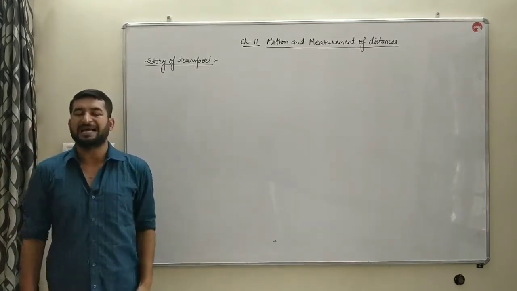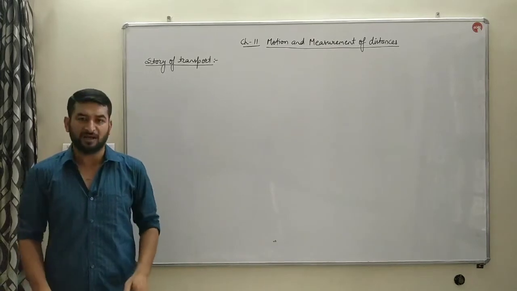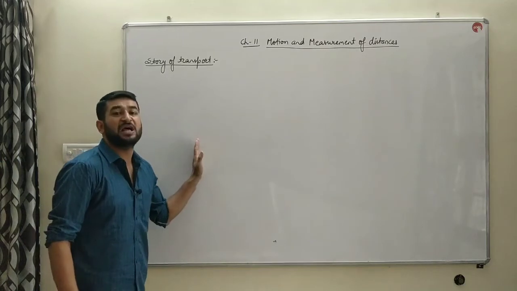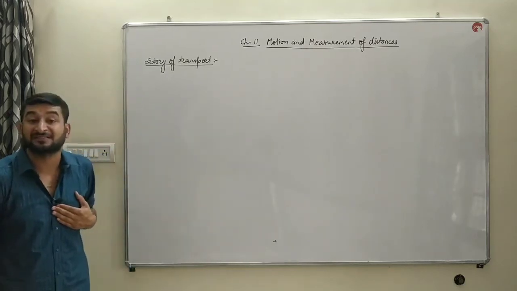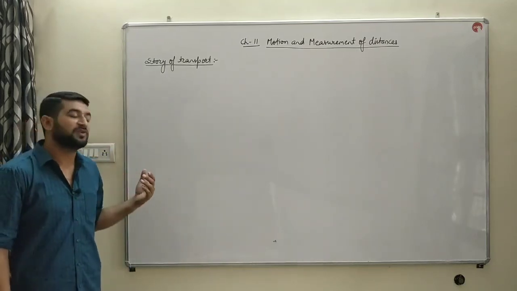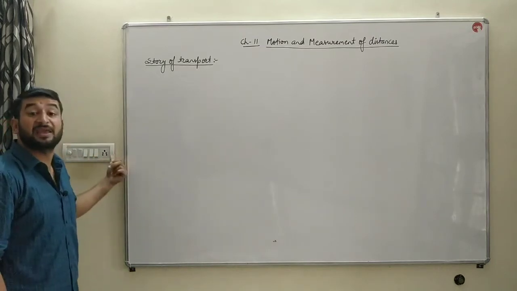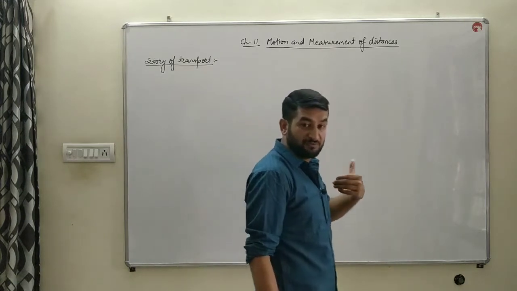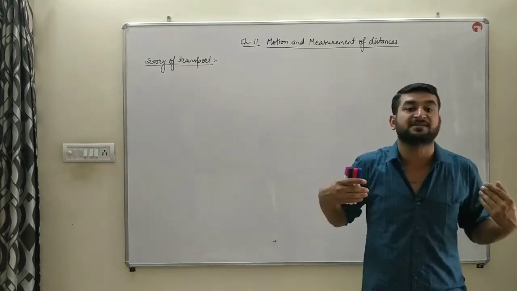For example, I am standing right here, बच्चे, मैं यहाँ खड़ा हूँ. With respect to this switchboard, with respect to this whiteboard, I am not changing my distance. The distance between me and this remains the same. But as I start walking, now the distance between me and that switchboard increases.